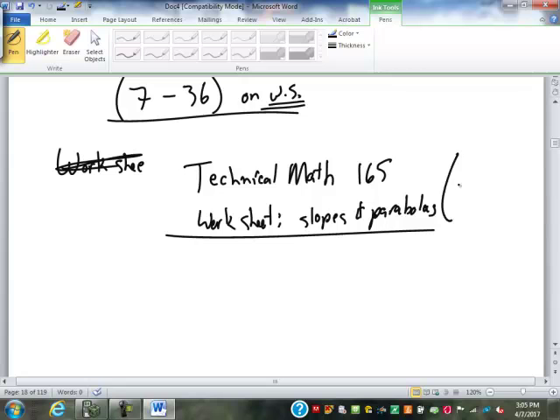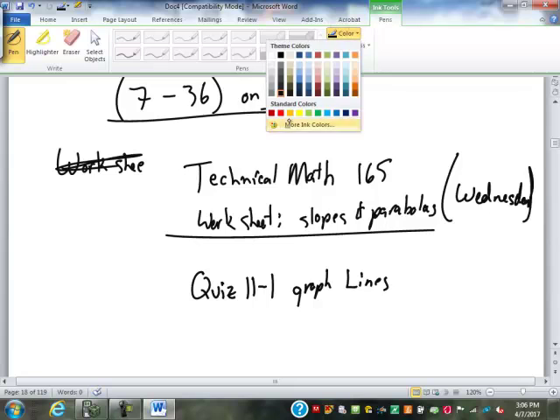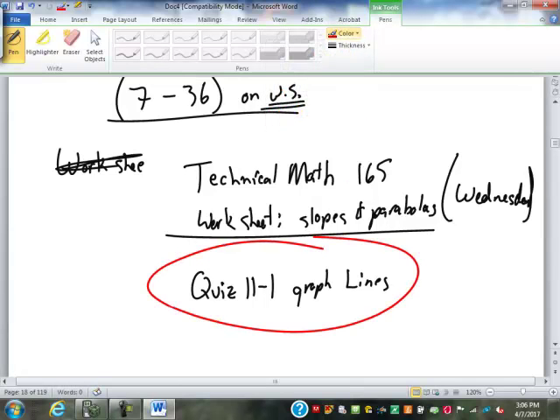So that's homework from Wednesday. There's another one in there that should be labeled also Tech Math 165, labeled Quiz 11-1 Graphing Lines. That's the quiz you're going to need to get done right now.